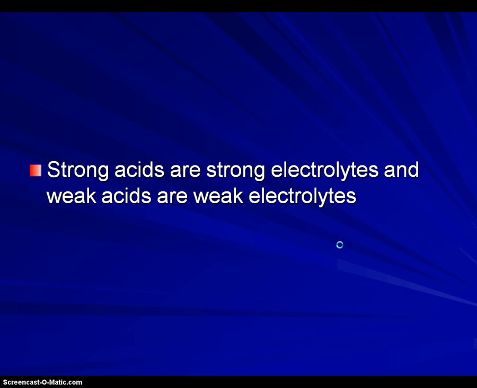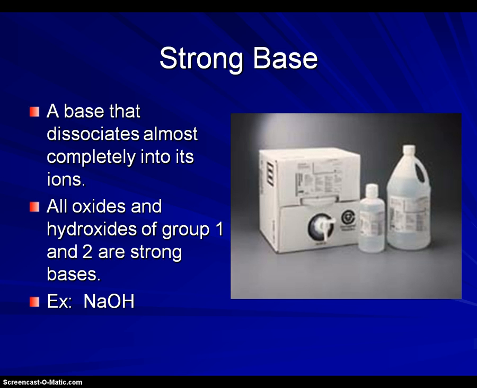Now, because of the amount of ions that are formed, we can also relate the strength of the acid to how good they are at conducting electricity. Strong acids form a lot of ions, and therefore they're really good conductors or very strong electrolytes. Versus weak acids, they stay in their natural form and don't dissociate into ions quite as much, so they are considered weak electrolytes.